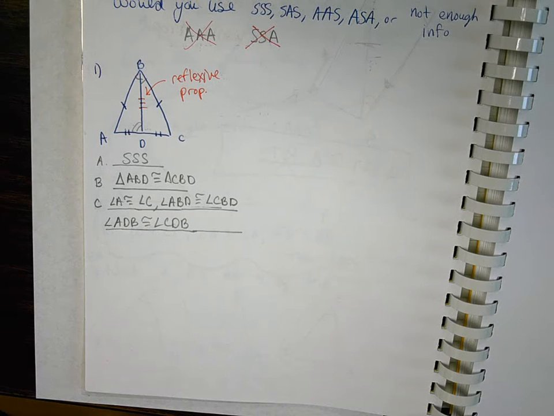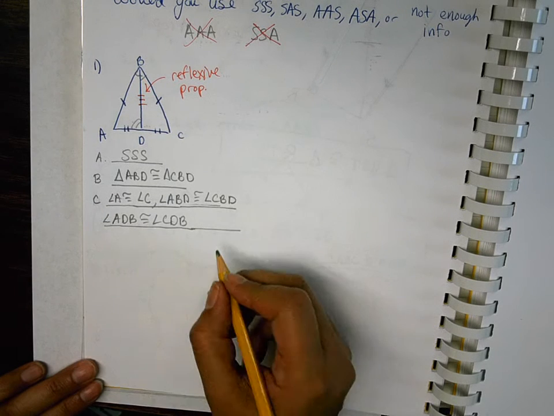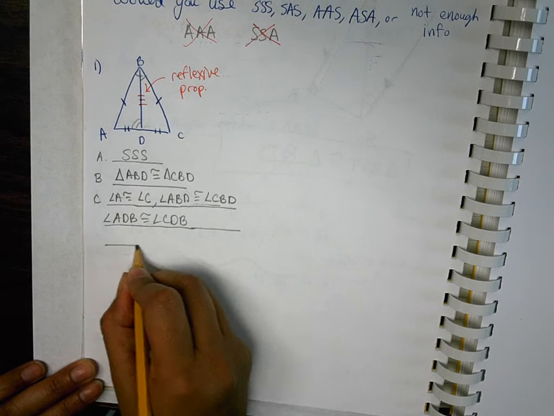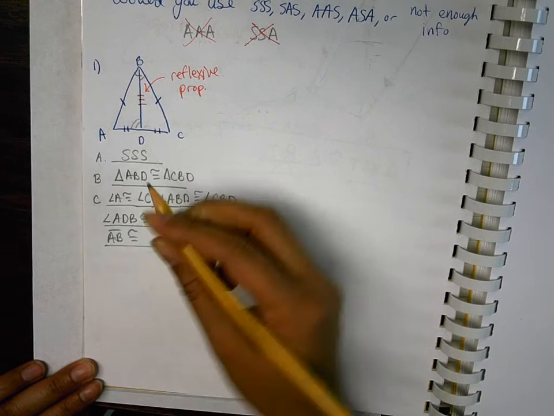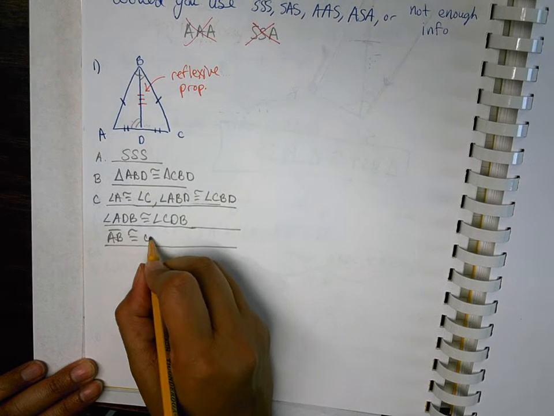All right, are those all the corresponding parts, or am I still missing the sides? I'm still missing the sides. Okay, what are my corresponding sides? AB is congruent to CB.